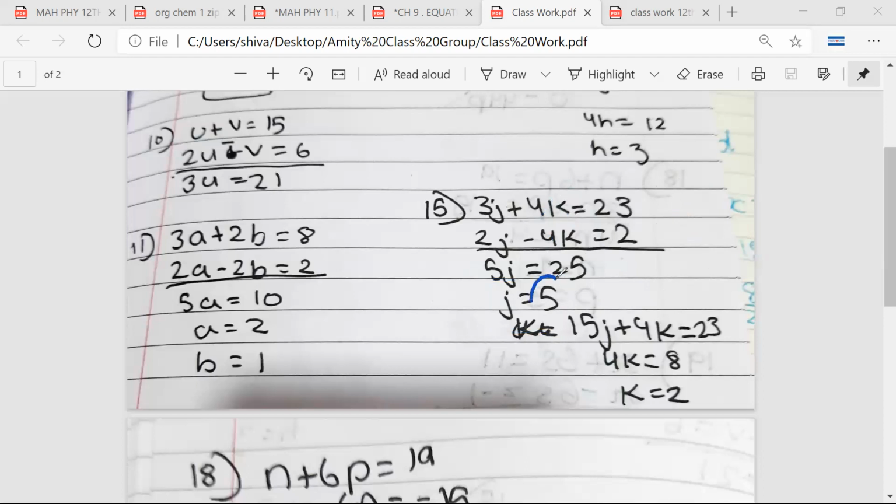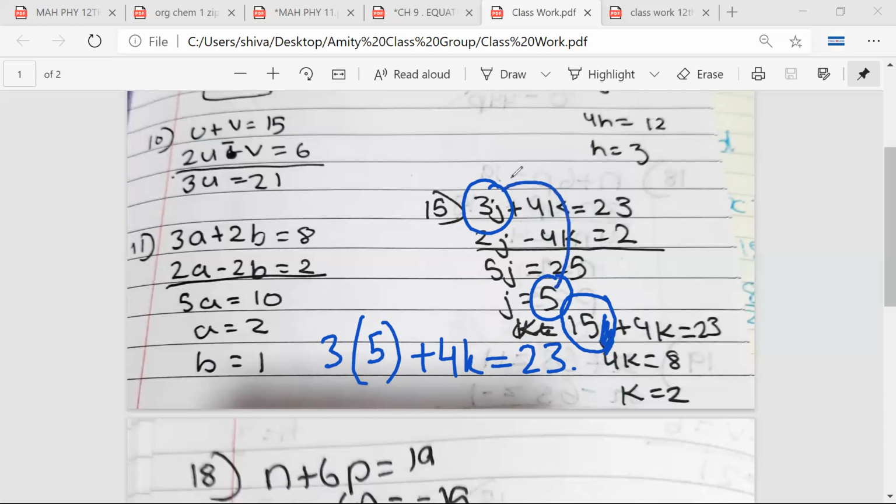So when you put this value of j, 5, in this equation, this will become 3 into 5 plus 4k is equal to 23. Have you understood? Yes. So I shouldn't be writing 15j. Is it okay? Yeah. Because the value of j, which is equal to 5, you have put it here. Have you understood what I'm saying? Yes, sir.